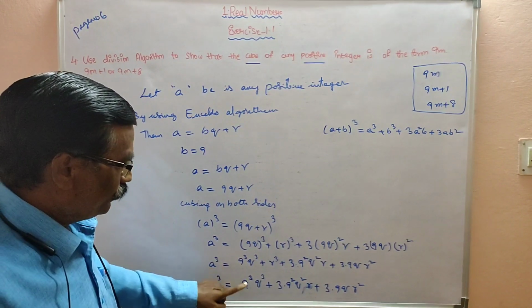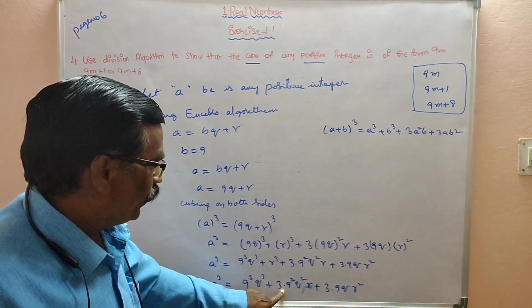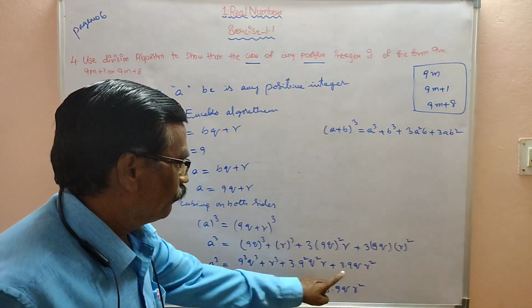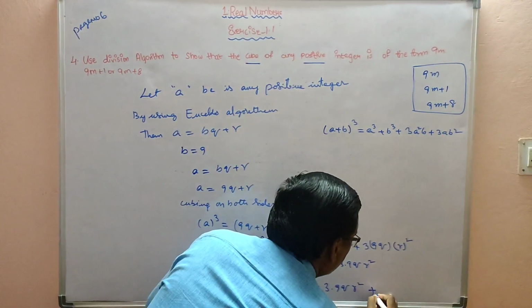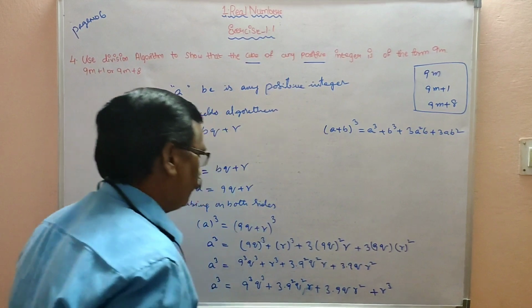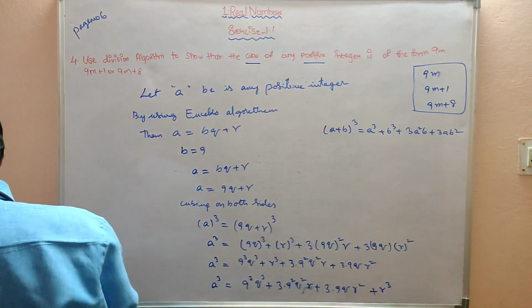So this is 9 cube here, plus 3·9 q square this one, plus 3 q square this one, plus r cube, I am writing here.